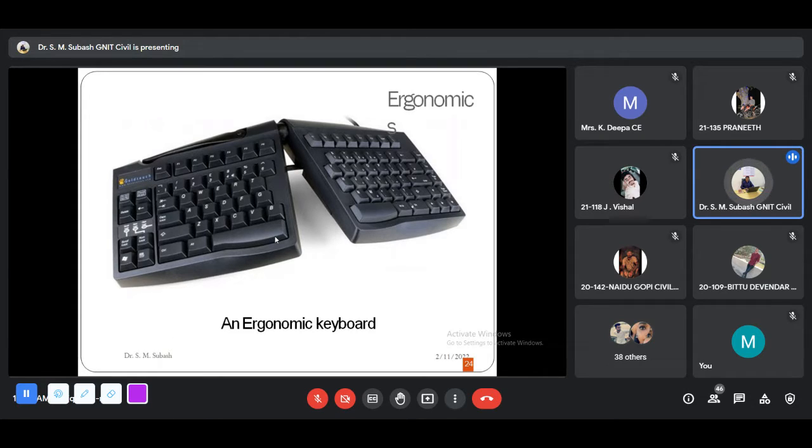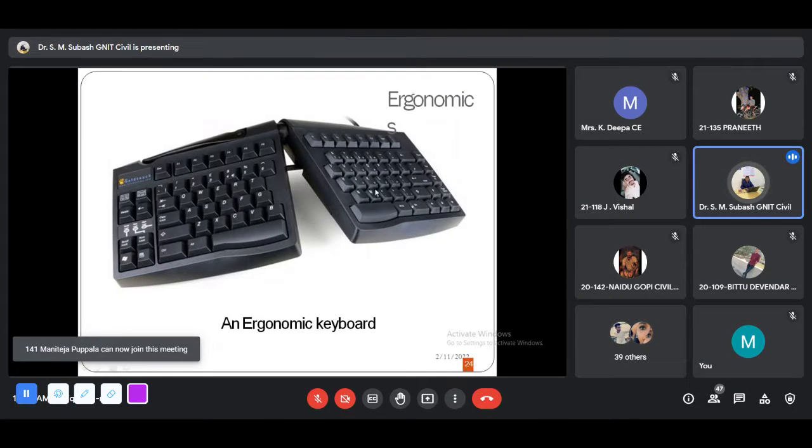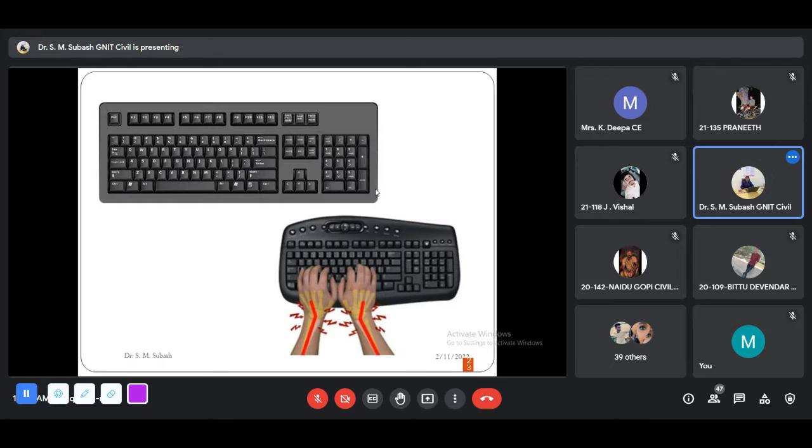Now the ergonomic design. One more thing, the left hand you can use here and the right hand you can use here, which will be nearby. You can see the difference between the previous picture and this picture. Using two hands like this will create strain in this pattern.